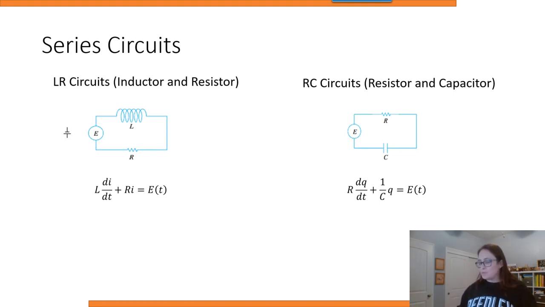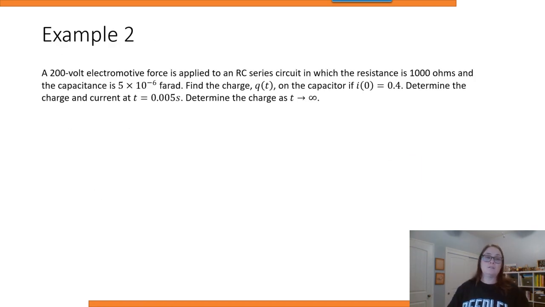We'll do one example using one of these formulas, and we'll have more examples in the homework. And just one other thing to note, the relationship between current and charge is that the current i of t is equal to the derivative of the charge, dq/dt.